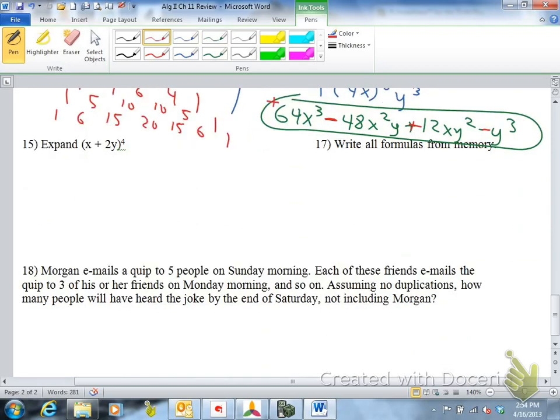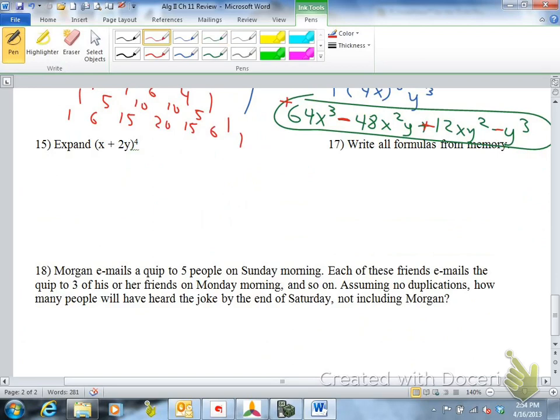I gave you another example with 15, which would be the 4th row: 1, 4, 6, 4, 1. And you have a bunch of x's, which you don't really need parentheses around when there's not a number with them: 4, 3, 2, 1, 0.